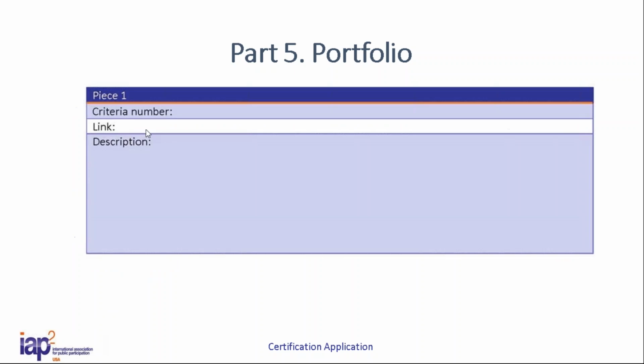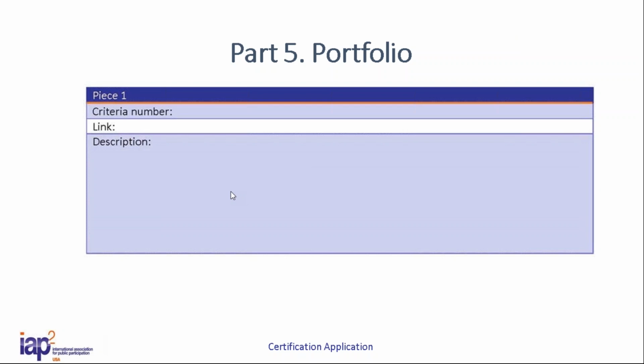If you could go on to the next slide, this is just what the portfolio item looks like. In the criteria number, tell us which criteria you are submitting it as evidence of. Then the link goes into the second box, a place where the assessors can go to find that.